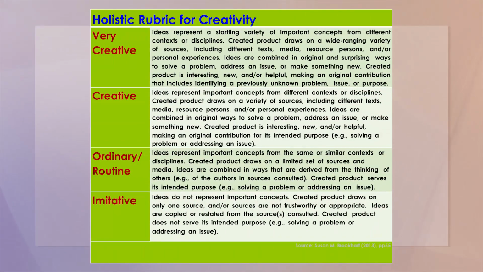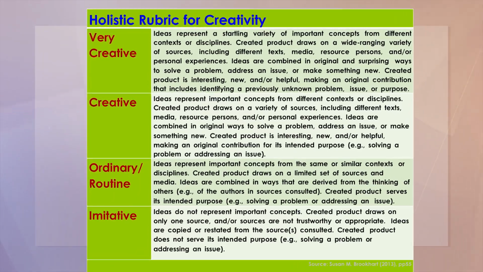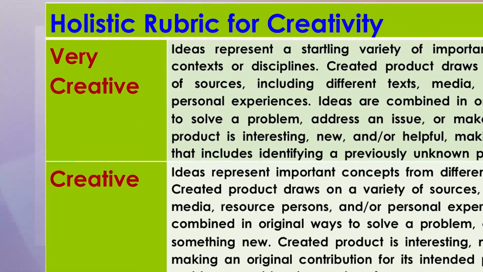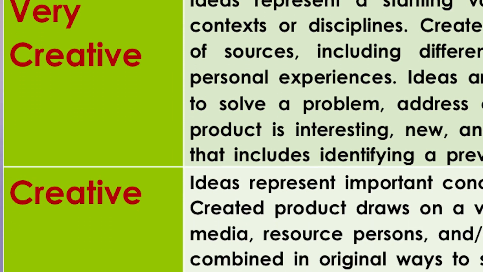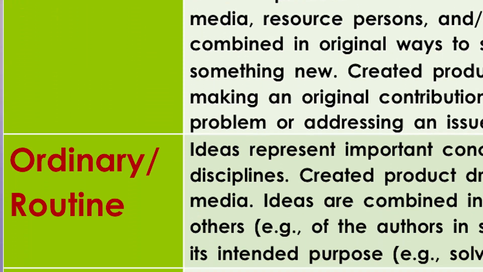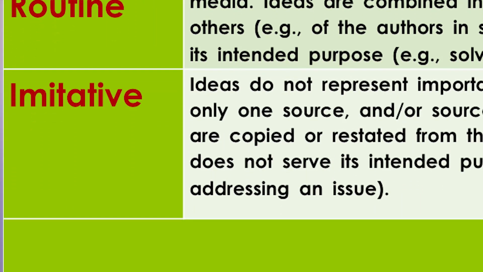Moving ahead, let us see the holistic rubric for assessment of creativity. Here is the holistic rubric for assessing creativity. In this, the same scale levels are used which were used in the analytic rubric, that is very creative, creative, ordinary and imitative. As we know, the different components of the task, that is the criteria, are not represented in a distinctly visible form in the holistic rubric.